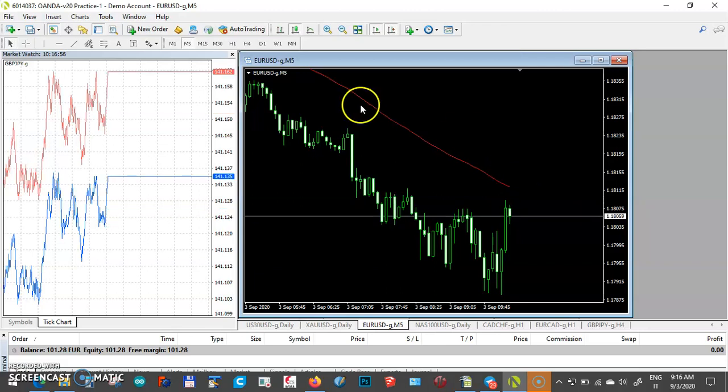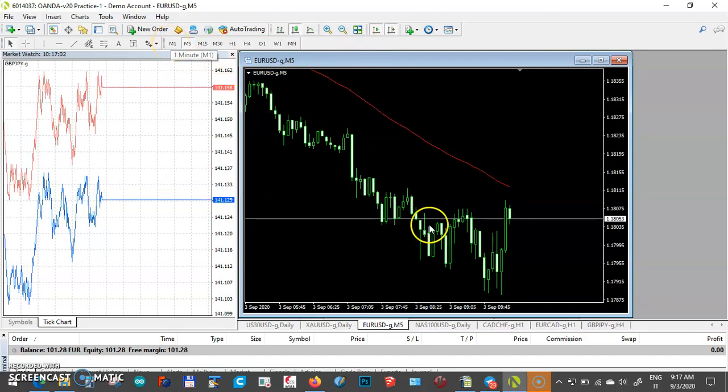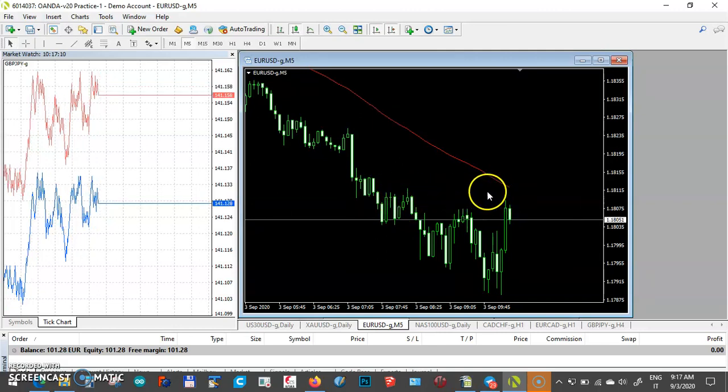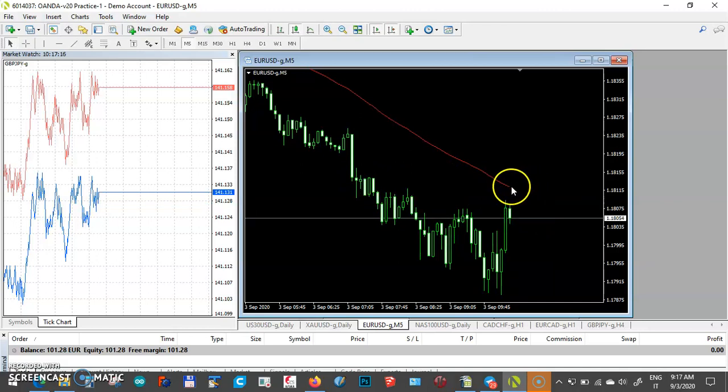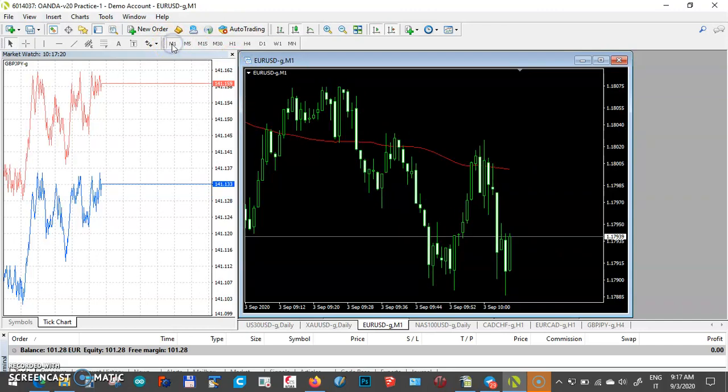Now I'm going to see the M1. Now I expect that the market comes close here or here, and after that retests and goes down.